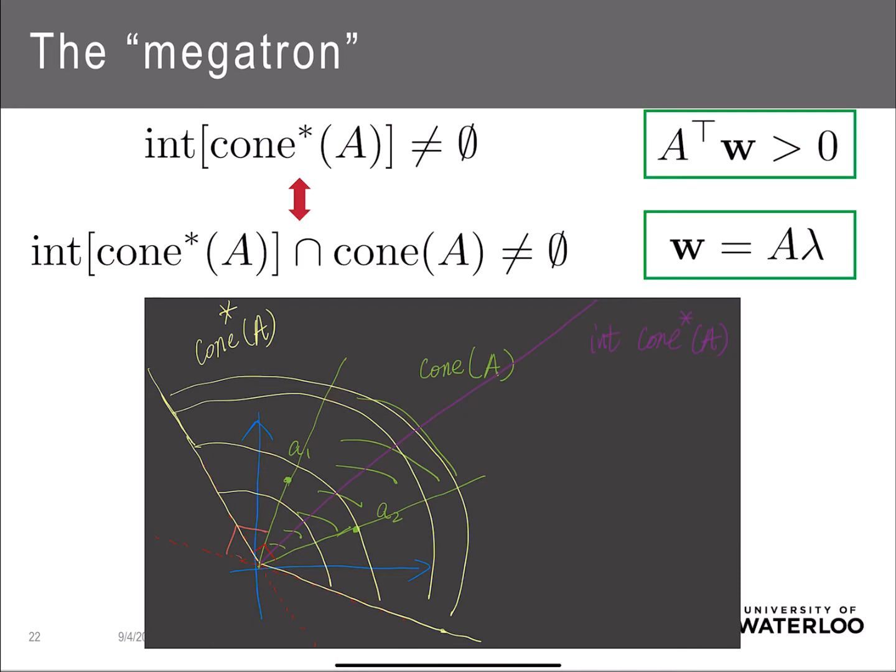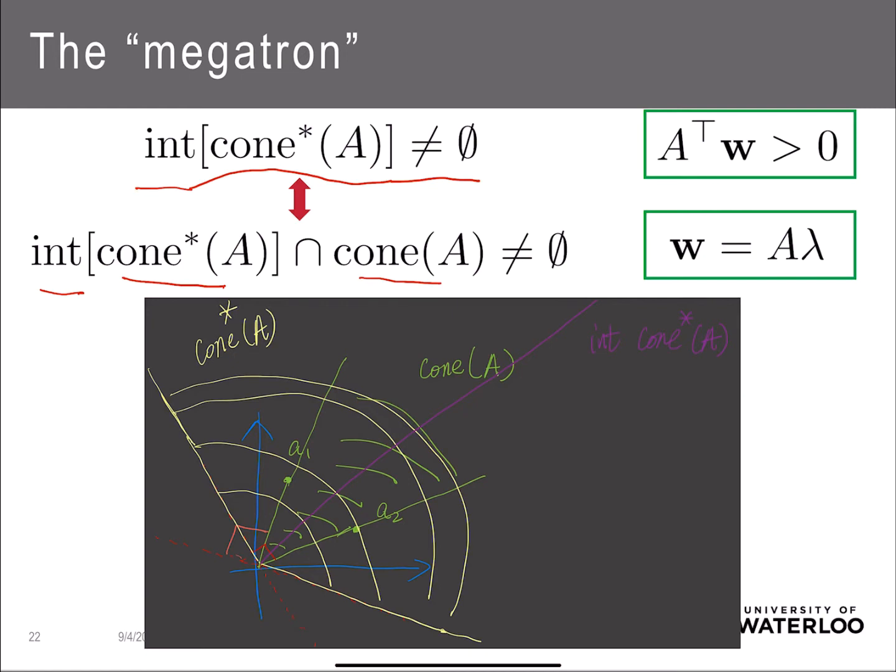And if you are a more mathematically inclined person, there is also a very beautiful idea underlying the perceptron algorithm, namely that the algorithm is basically an implementation of the claim that the interior of the dual cone is not empty if and only if the interior of the dual cone intersects the original cone.